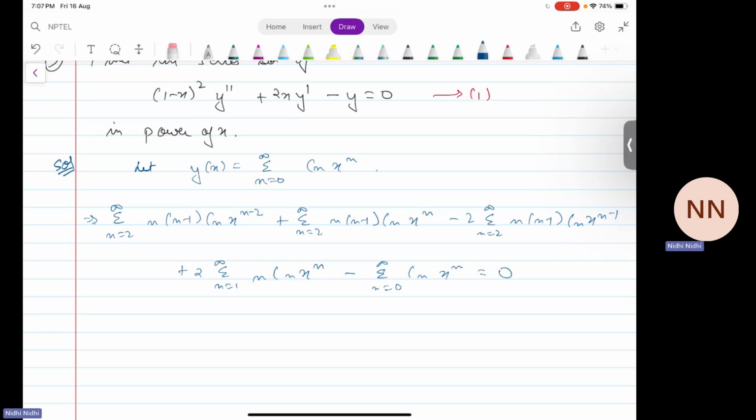Then further we'll make this equation uniform in powers in terms of x to the power m.